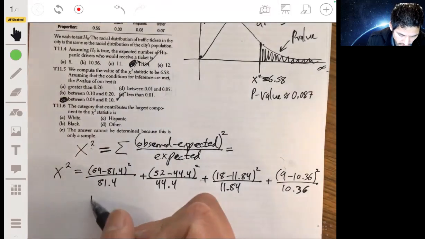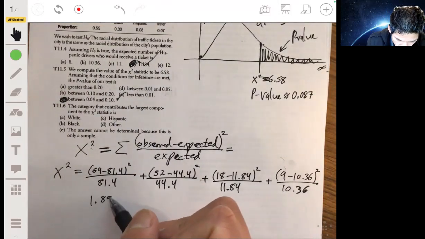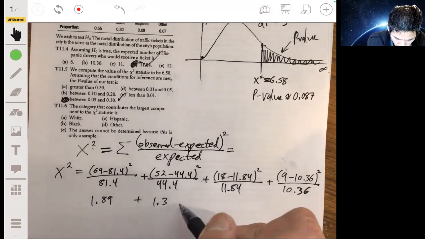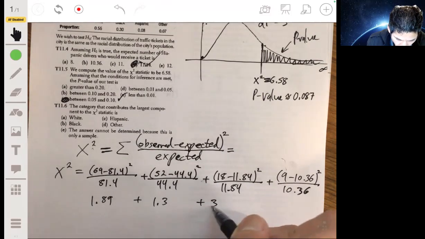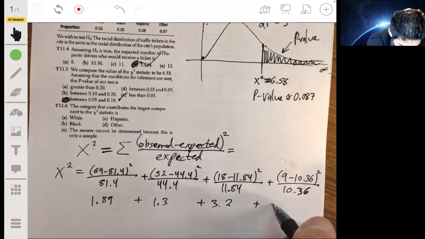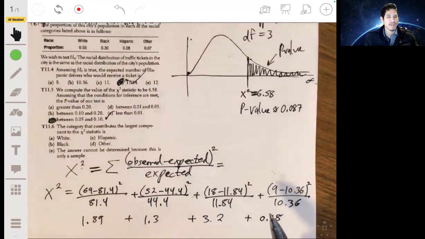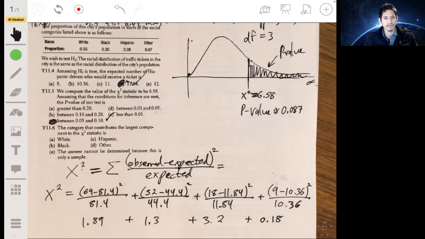For this first component, you should get about 1.89. Here, you should get about 1.3. This part, you should get about 3.2. And this last part, you get about 0.18, approximately. Now, I know some of the newer calculators may have a function to calculate these chi-square statistics for the goodness of fit test.